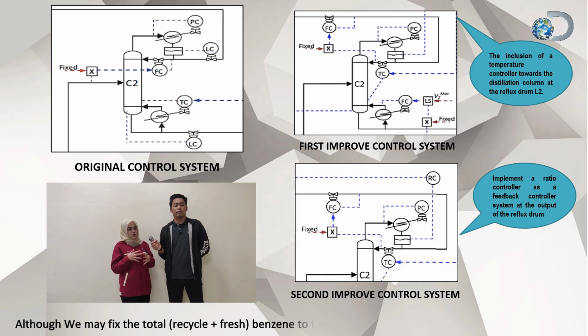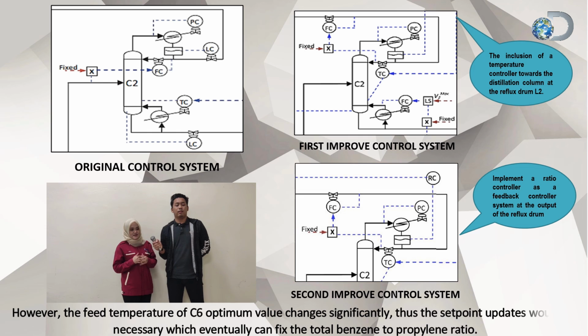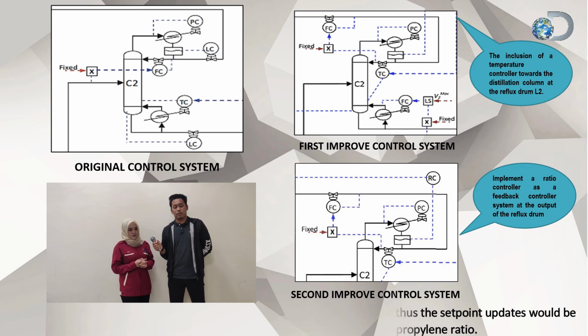So, although we may fix the total recycle and fresh benzene to the reactor by manipulating the fresh benzene, the feed temperature of C6's optimum value changes significantly. Thus, set point updates will be necessary, which can eventually fix the total benzene to propylene ratio.